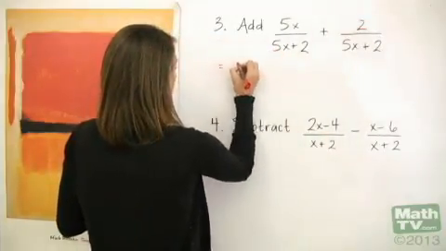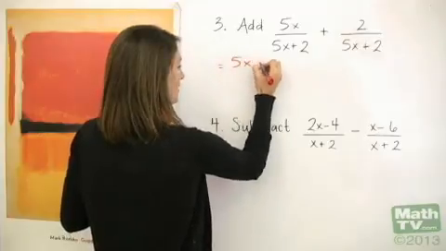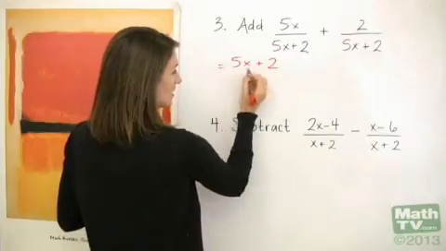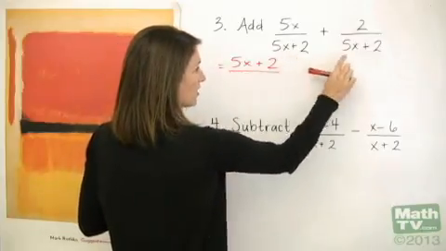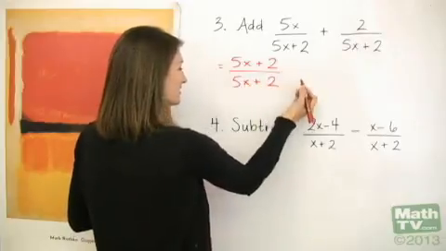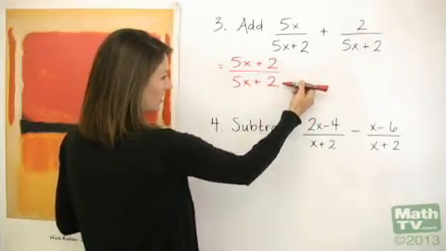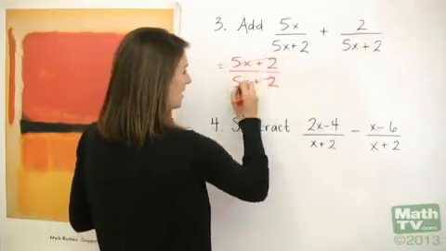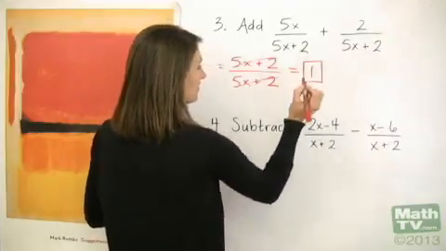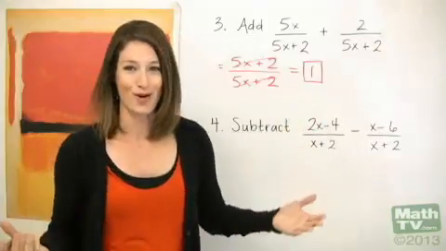So this is equal to 5x plus 2. That's the sum of our numerators here. And this is going to go over our common denominator, which is 5x plus 2. In this case, our numerator and our denominator are the same, so they cancel and equal 1. So there's our answer for our first problem.